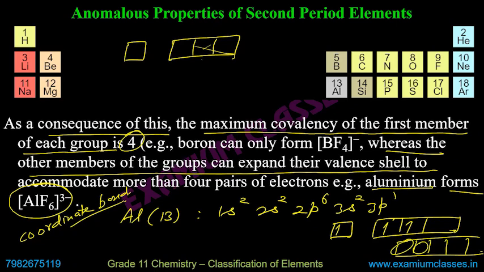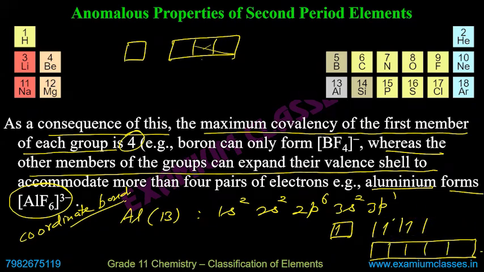So how it works? I'm just drawing it again. I'm not going into much detail, and your teacher will not go into much detail unless you are in DPS. So what happens is that in coordination compounds, these orbitals do not take part in bonding. Rather, you have 6 fluorines, and each fluorine has 7 electrons.